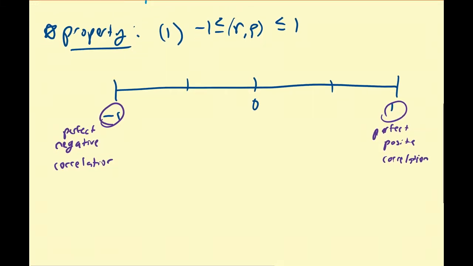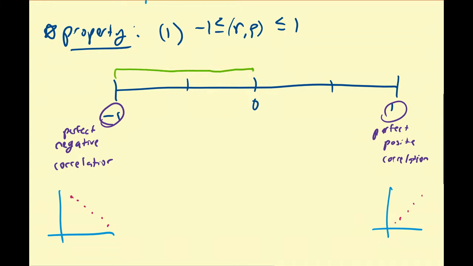When I say perfect positive versus perfect negative, I'm referring to the graphs where if you do a line of best fit to all these data, it's going to pass through all the data values. So everything to the left is a negative linear correlation, and everything to the right of 0 is of course a positive linear correlation.